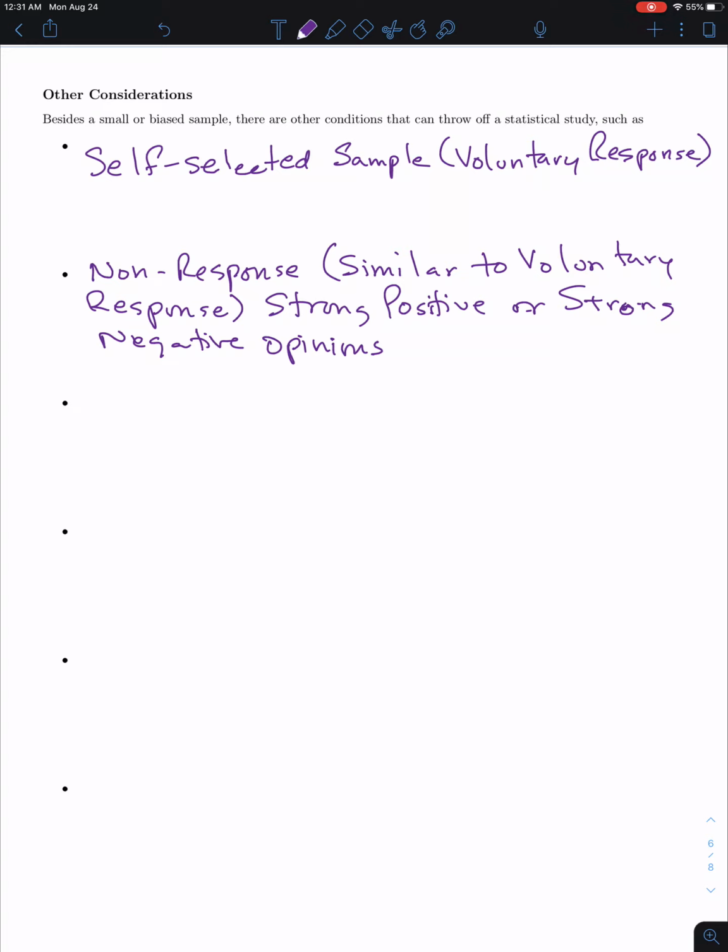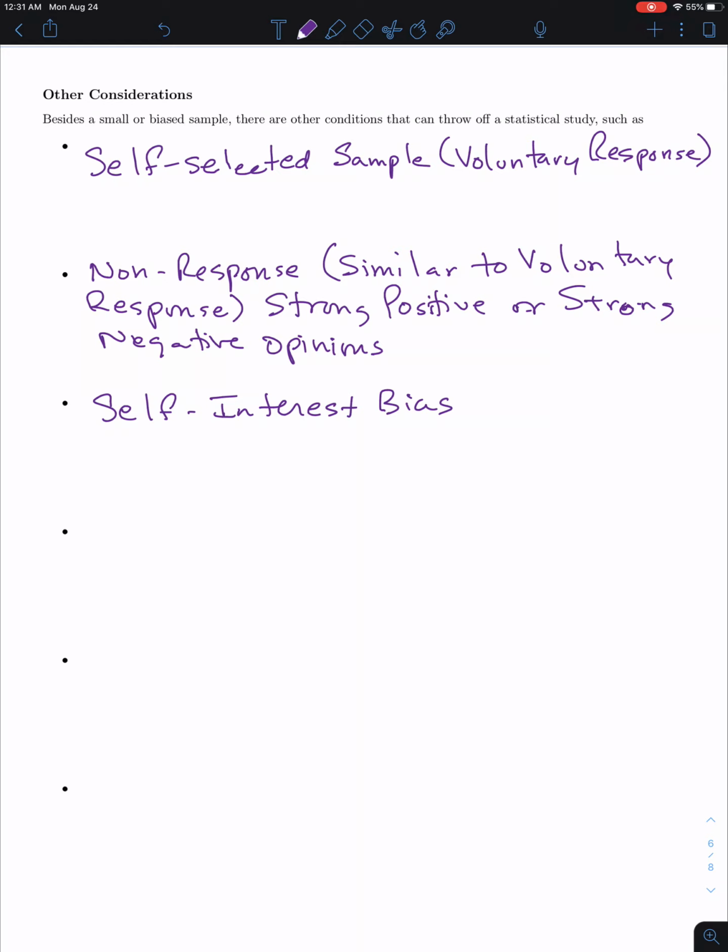Another thing that we can get is self-interest bias. These would be surveys that are done by companies that have a certain interest. For example, if Hershey's Chocolate were doing some kind of survey, they're going to want to make it so that everybody and their brother wants to buy chocolate.